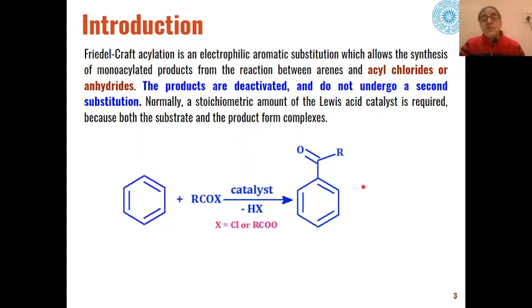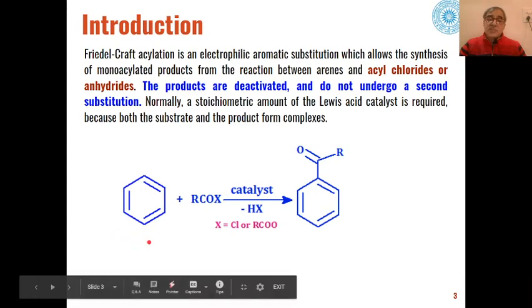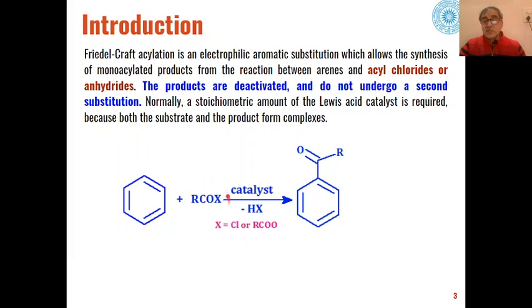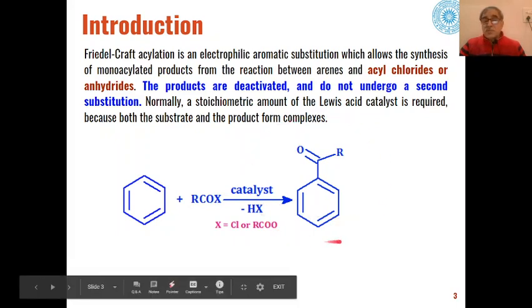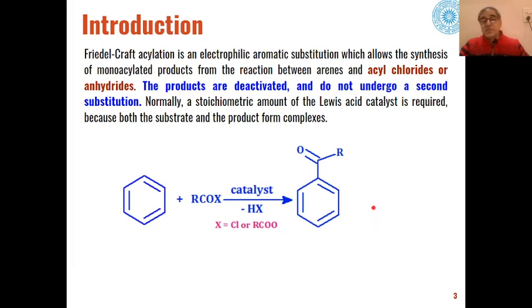The Friedel-Craft acylation is an electrophilic aromatic substitution reaction where the aromatic systems, when reacted with acyl chlorides or anhydrides, in the presence of a catalyst like Lewis acid, are converted into these types of aryl alkyl ketones as the product.